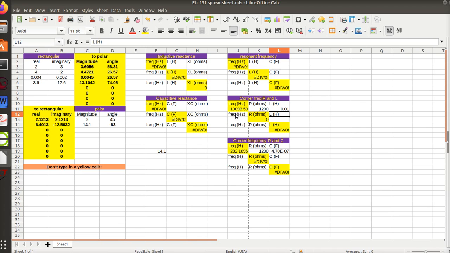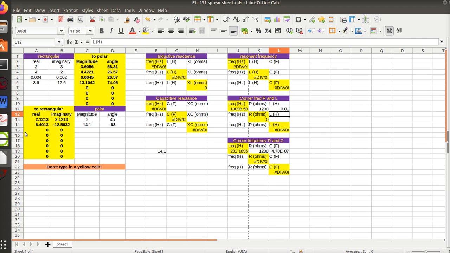Gives me a corner frequency of 19, and to make our math easier eventually we're going to call it 19100. So that's my corner frequency, 19100 hertz, or 19 kilohertz, 19.1 kilohertz.